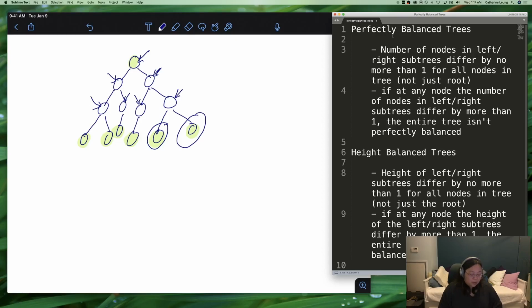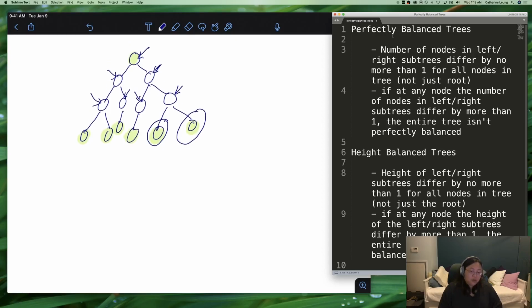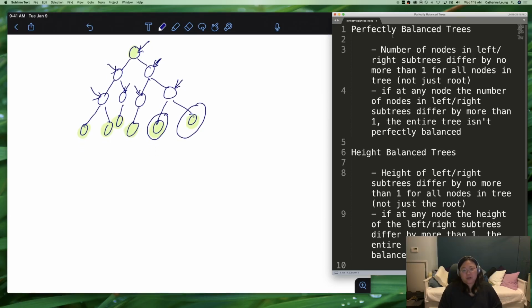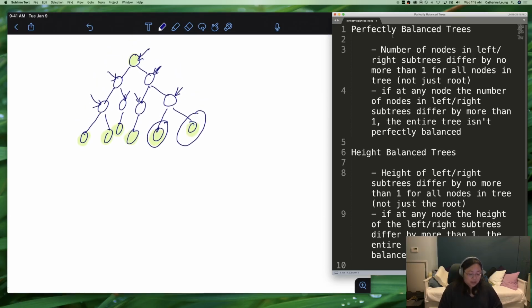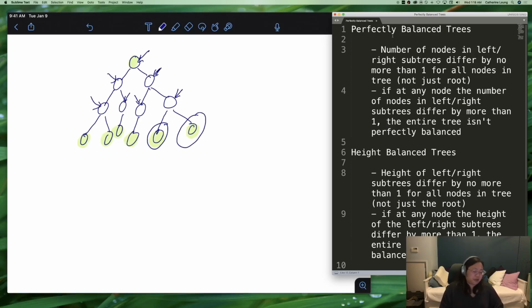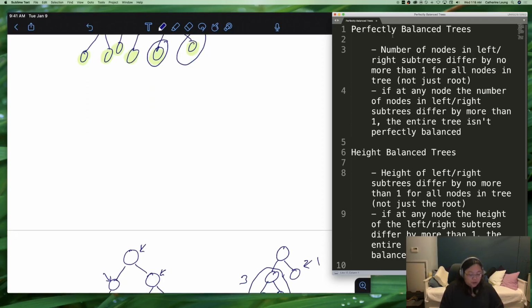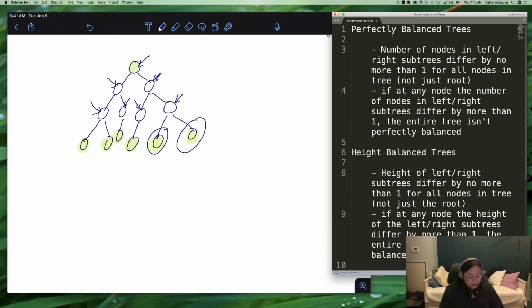Now, the problem with perfectly balanced trees is that this sort of shape is really hard to maintain. And even some pretty well-shaped trees are not perfectly balanced by definition. For example, one of the things we considered was the idea of complete binary search trees. Over here we have a tree that is complete.